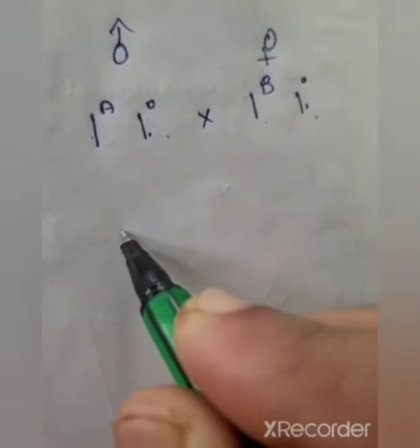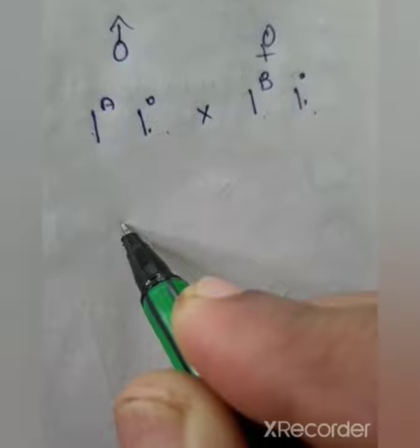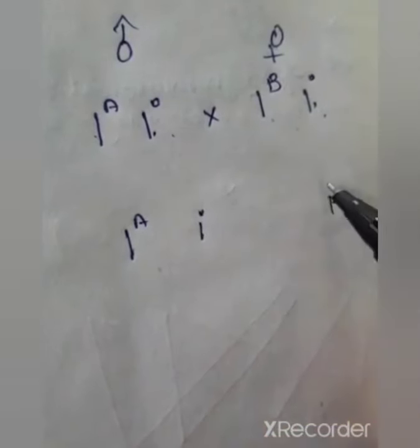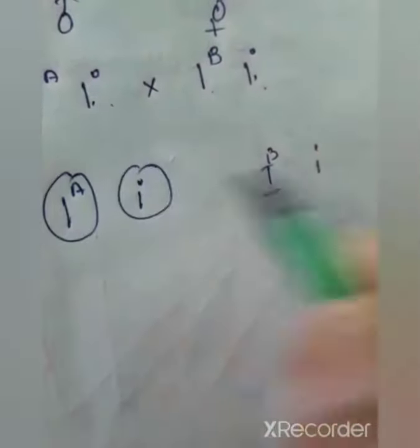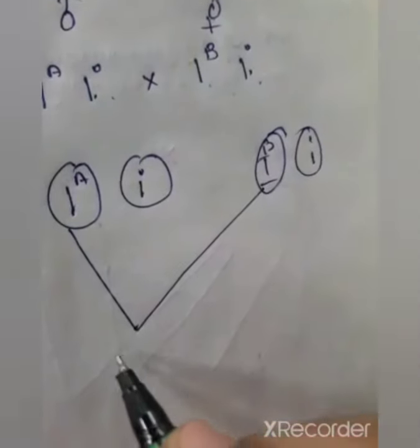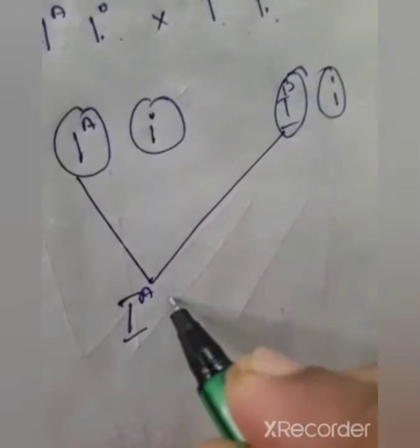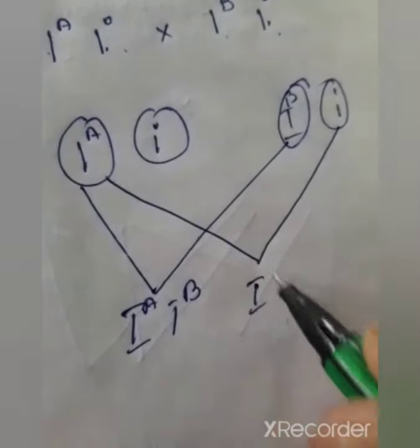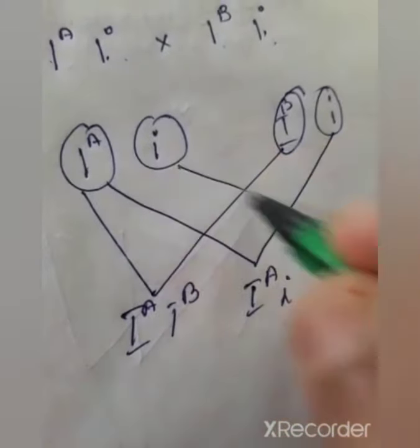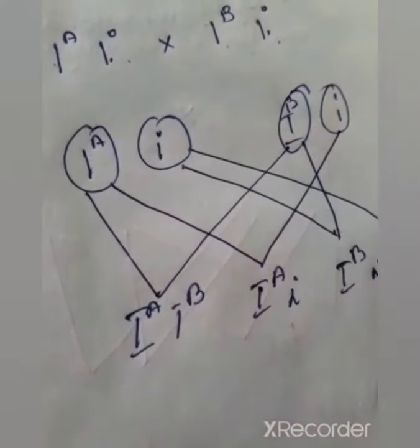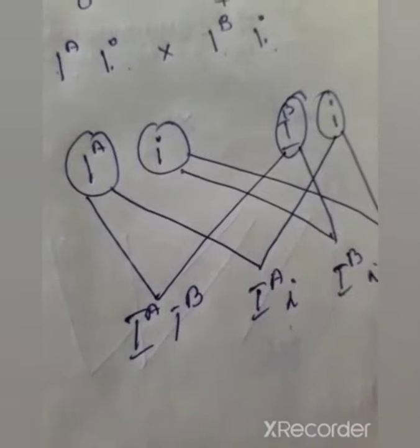Then from here IA, I, from here IB and I. These are the gametes. First one IAIB, then second IAI, then IBI, then II.